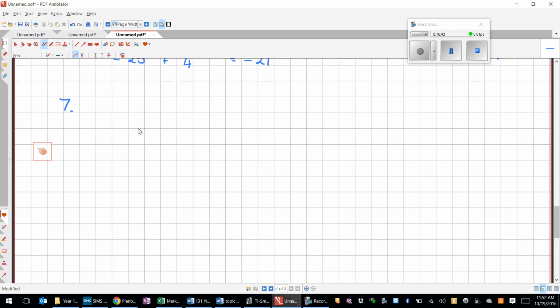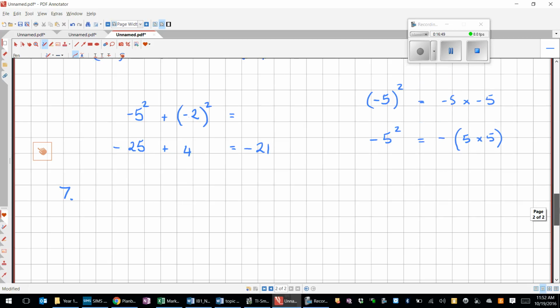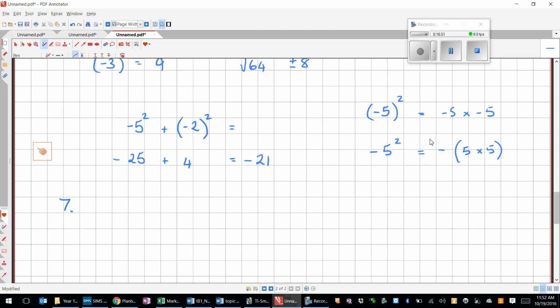Negative 5 times negative 5 would be positive 25, and then plus positive 4. But what we've got would be negative 25. This is not what we have because there are no brackets. Whenever it's not in brackets, it's going to be a negative.